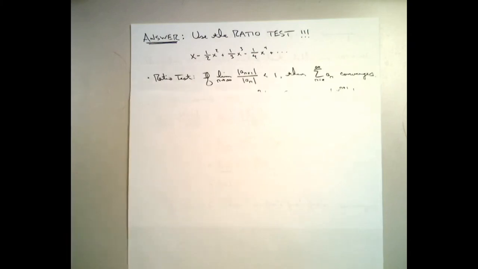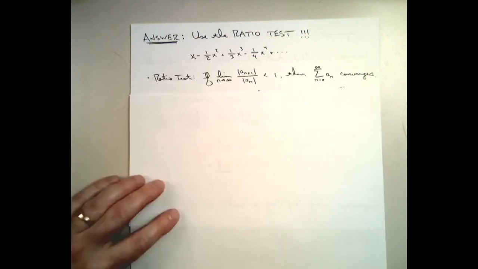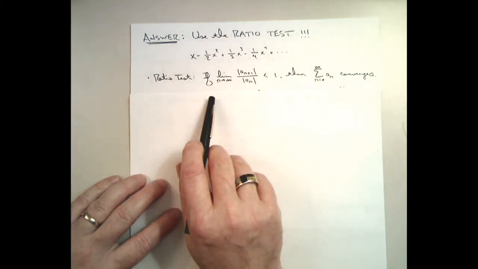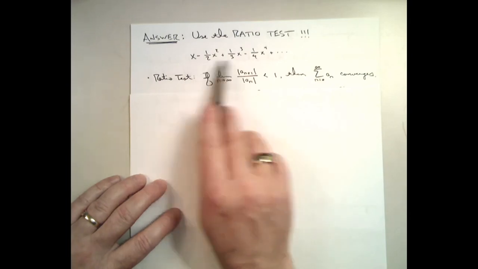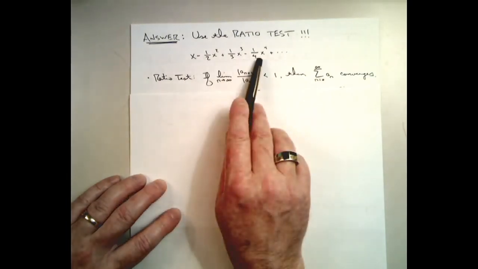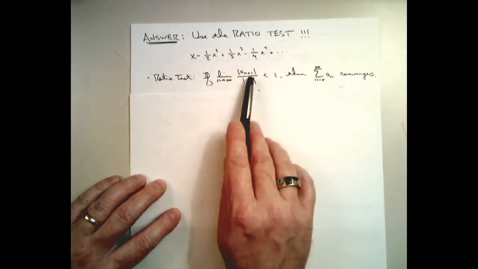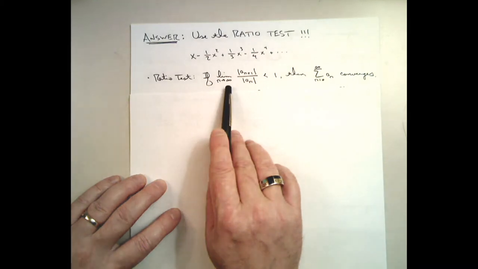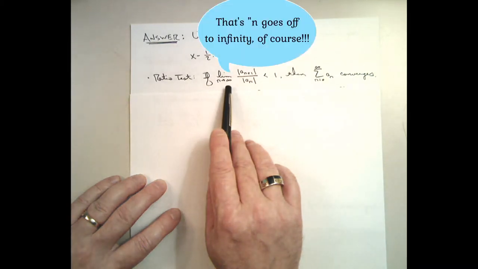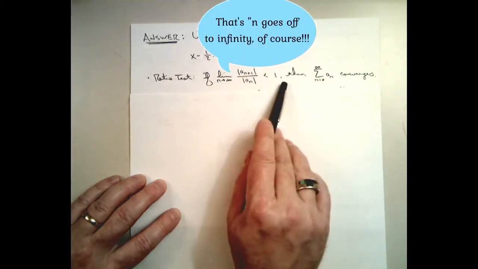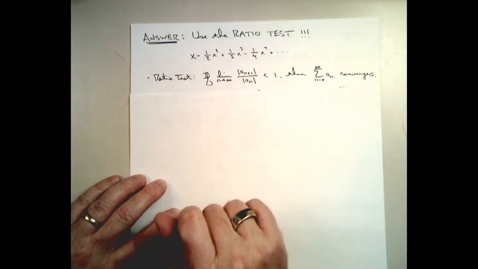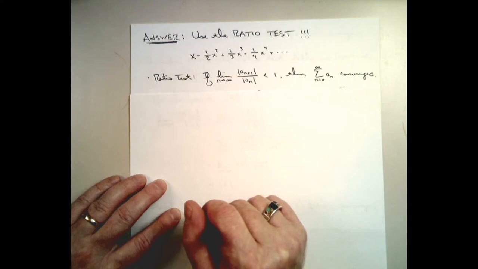Now, just to remind you, what the ratio test tells us is that if I look at the nth terms of this series, and I take the absolute value of the n plus first one divided by the absolute value of the nth one, and look at the limit as n goes off to infinity, if this limit is less than 1, then the ratio test tells us that the series converges. In fact, it converges absolutely.